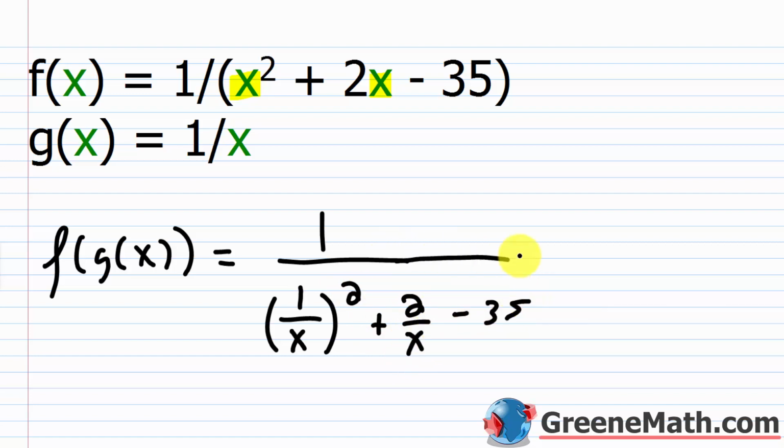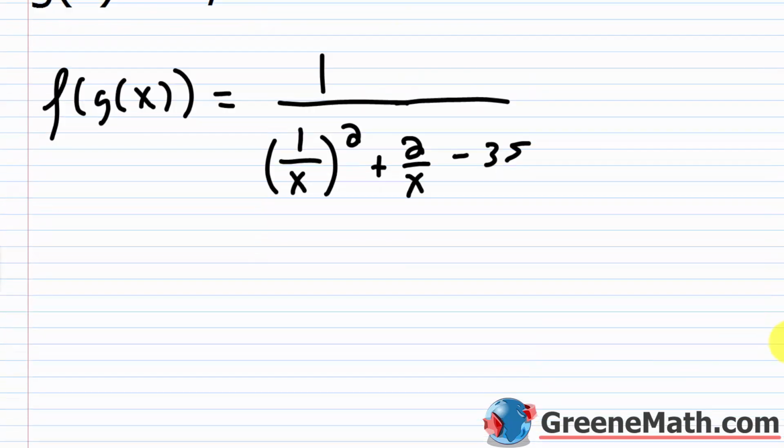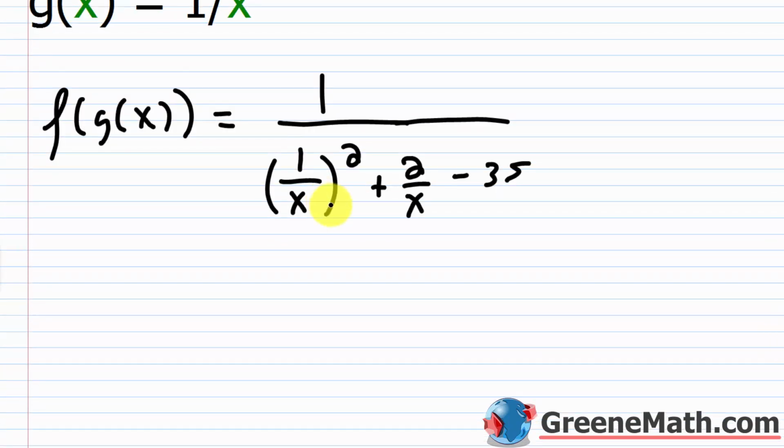Now, if you want to simplify this quickly, you can square this first and say that this is 1 squared, which is 1 over x squared. You can multiply the numerator and denominator by x squared, because this is just a complex fraction. So I'm just going to multiply this by x squared and this by x squared.